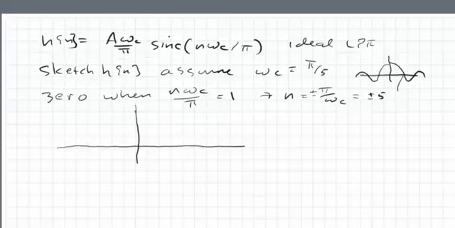I'll see if I can sketch in the envelope of a sinc: 3, 4, 5, and go the other way. It's kind of a funny pen I'm using, but what I tried to do is put the... I didn't quite get it. There's 1, 2, 3, 4, 5. So there's the zero crossing right there. I kind of missed it a little bit, but I hope you get the idea.